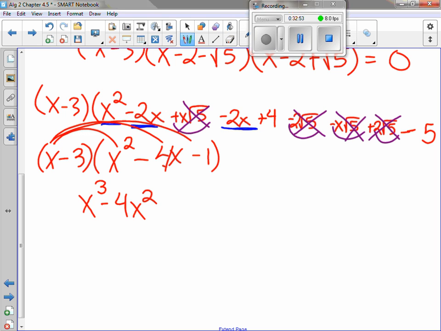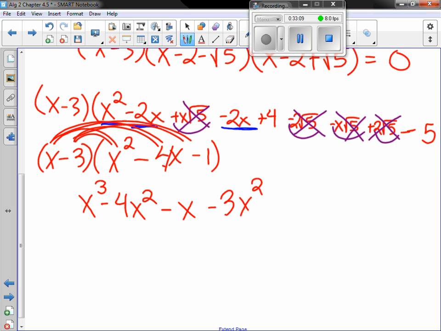And x times negative 1 would be negative x. And then we'd multiply through by the negative 3. Well, negative 3 times x squared is going to be negative 3x squared. Negative 3 times negative 4x would be plus 12x. And negative 3 times negative 1 would be plus 3.